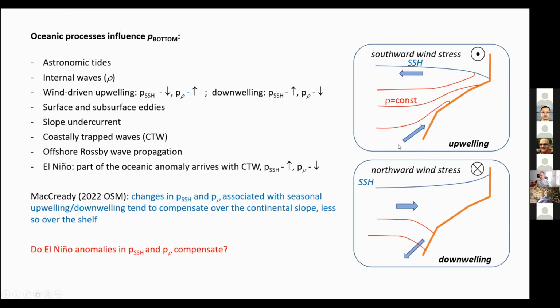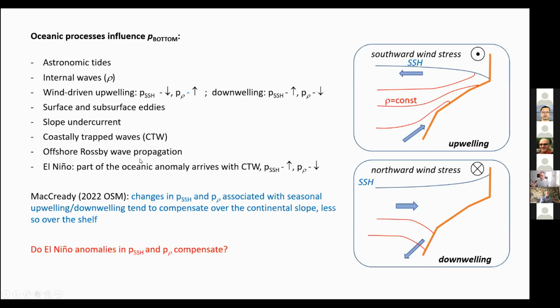It also changes the structure of the isopycnal slopes. Coastal trapped waves. Thanks, Ken, for bringing this topic. Also, whatever propagates fastest, coastal trapped waves would start moving offshore slowly as Rossby waves, which may also contribute.